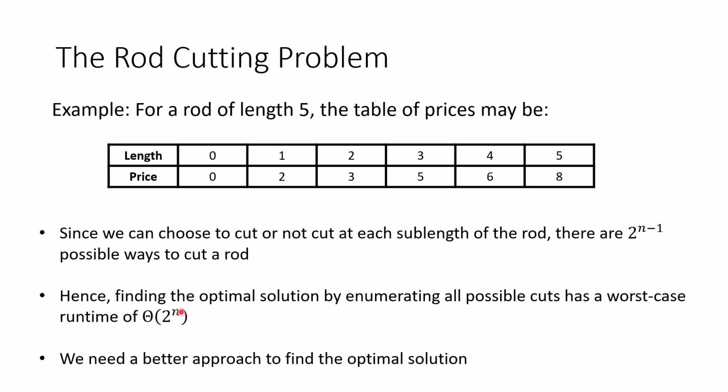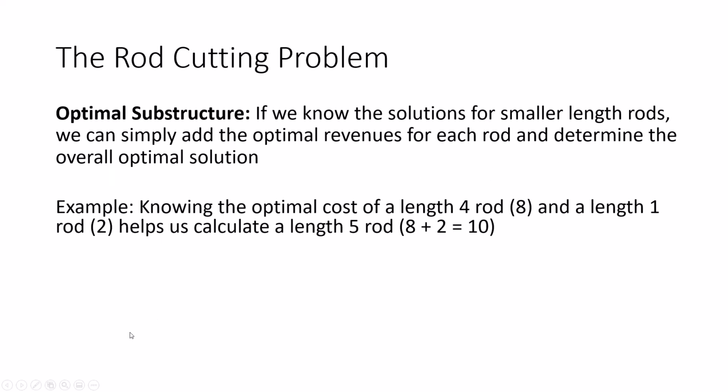You would get the correct answer. But theta of 2 to the n, that's not really the best, or it's not a very nice looking solution. It's exponential. As we keep on increasing the rod size, it's going to get pretty messy. Very, very expensive. So we're going to try to find a better approach to get the optimal solution.